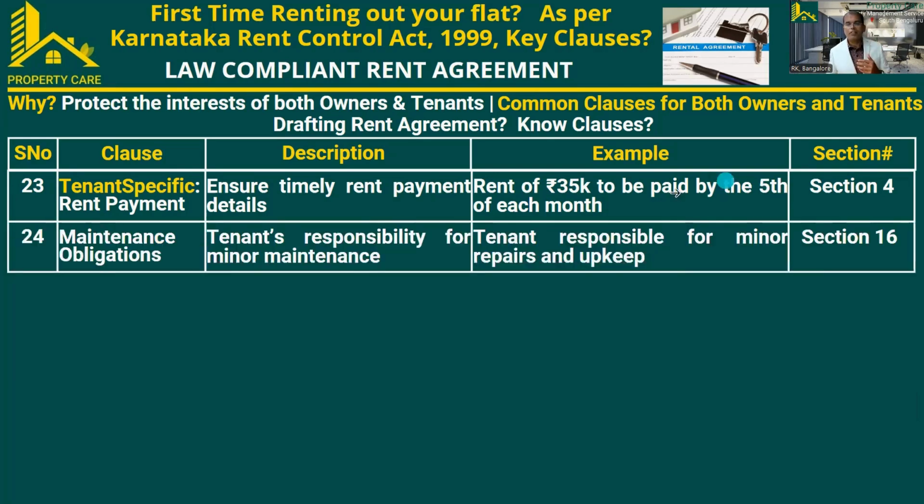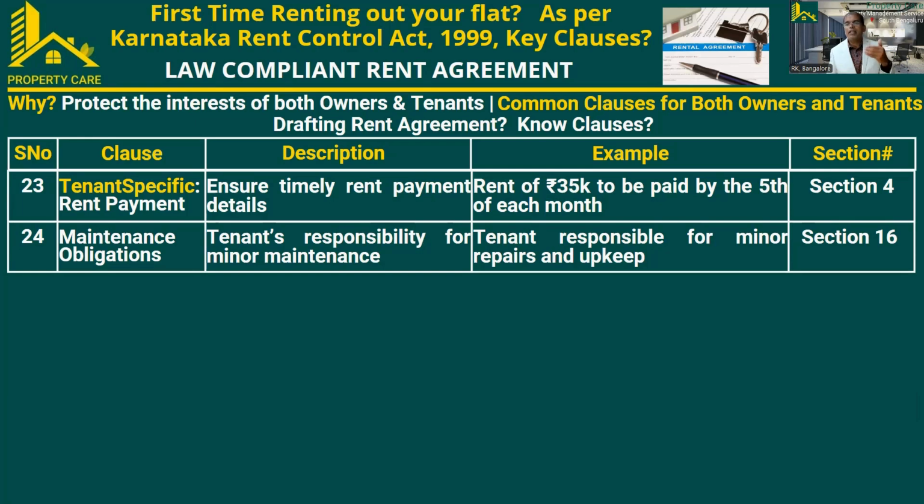Maintenance obligations. The tenant is responsible for minor repairs and upkeep. A tenant should not go and complain about small things like a tap leak, a tube light fuse, and some minor repairs in the flat. The tenant should upkeep and maintain such things. For example, battery water: I've seen in a flat they use a UPS and battery.